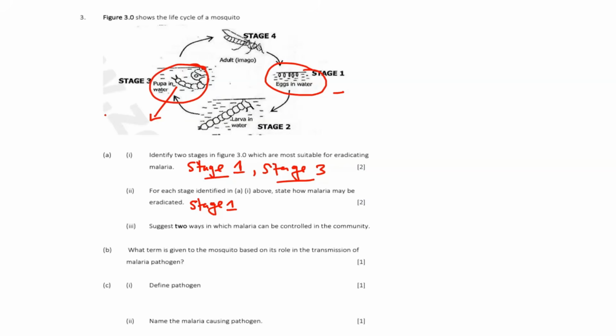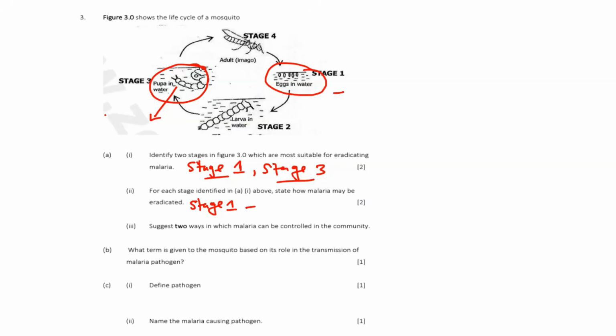So now, how can you eradicate malaria at stage 1? Since this one is found in stagnant water, draining away of standing water or stagnant water will eliminate the eggs.